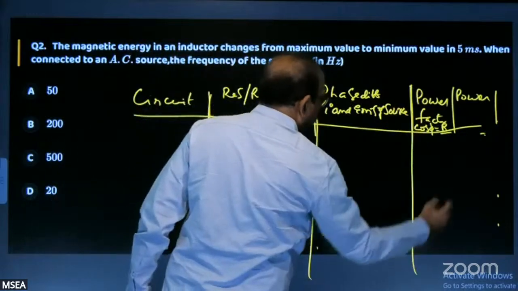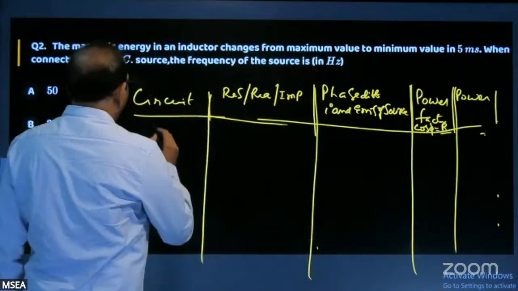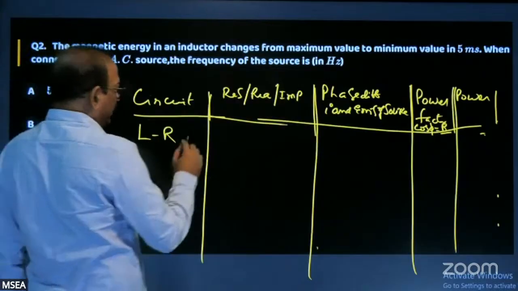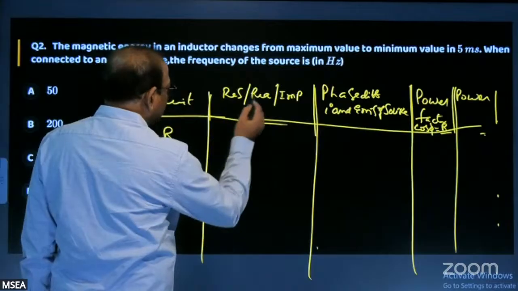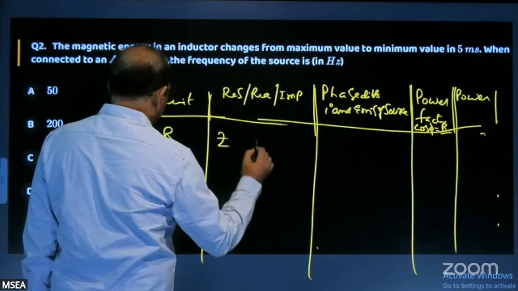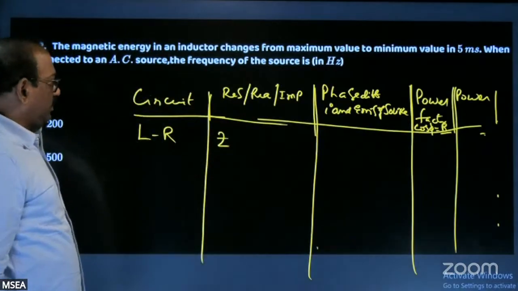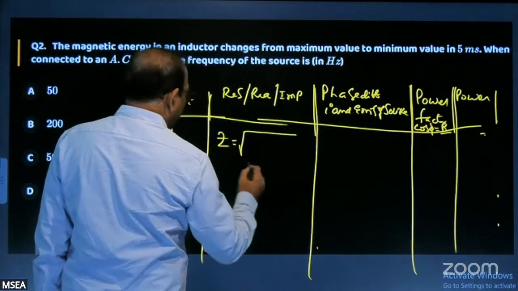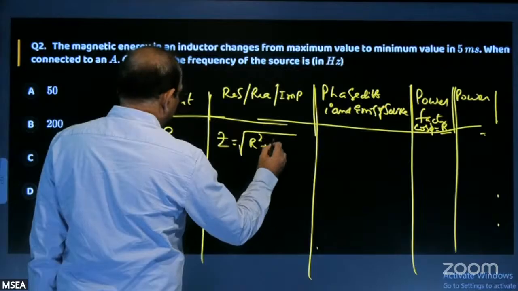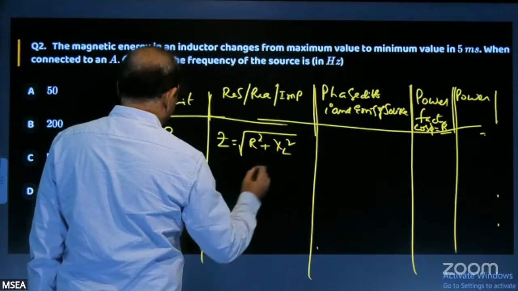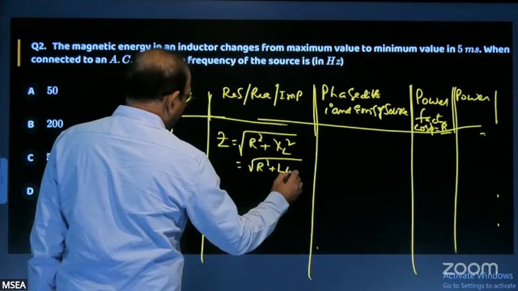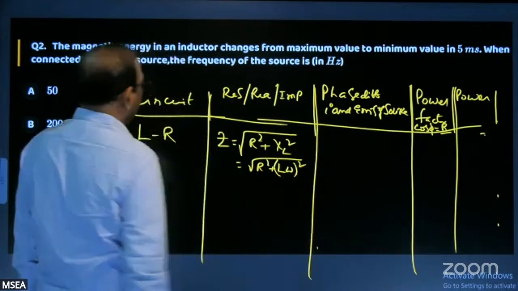In the LR series AC circuit, the impedance is under root R square plus XL square, that is under root R square plus L omega whole square.